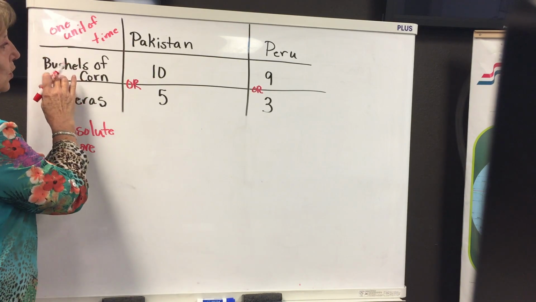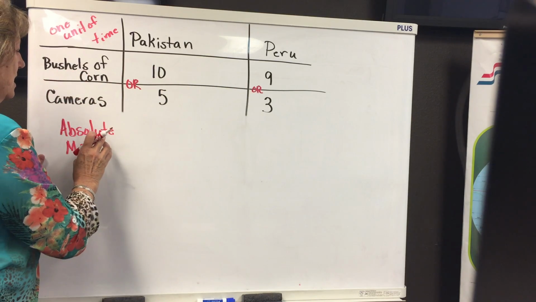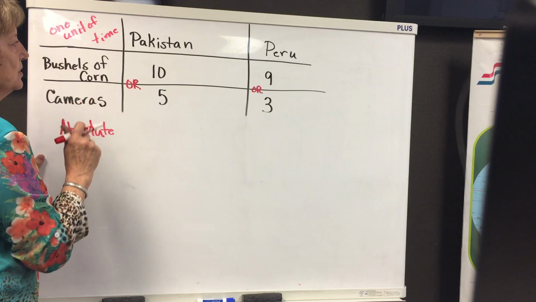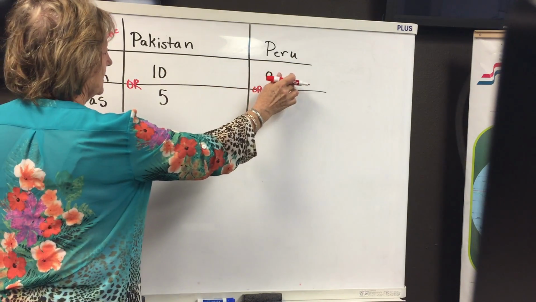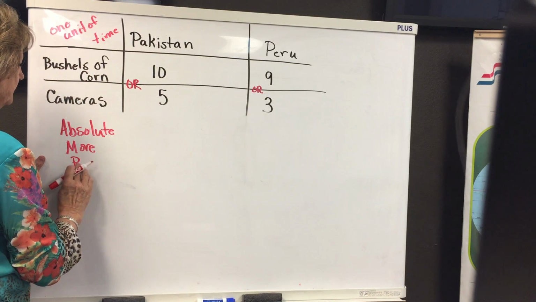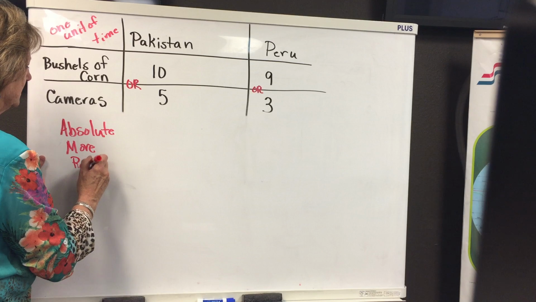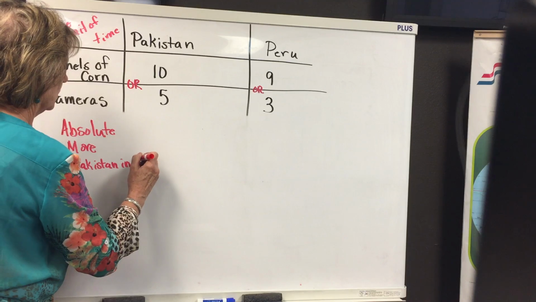So we're going to look at corn, and we're going to look at which country can produce more of that product in the same unit of time. Well, it's easy to see that 10 is more than 9. So Pakistan has the absolute advantage in corn.